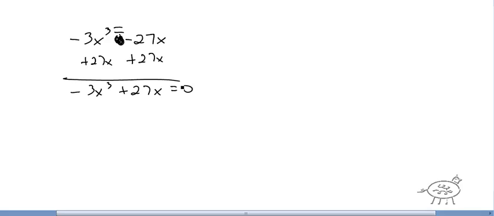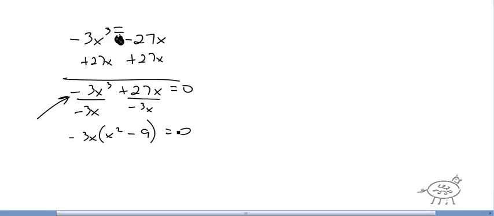Okay, so far so good. It's equal to 0. Next is greatest common factor. Well, I definitely know I can take a 3 out, and I can take an x out. And remember, guys, no negative numbers as your leading coefficient. So I'm going to factor out a negative 3x. Okay, looks good to me. And I get x squared left over, and I get minus 9. Sweet. So that, of course, is a difference of two squares. x plus 3, x minus 3.